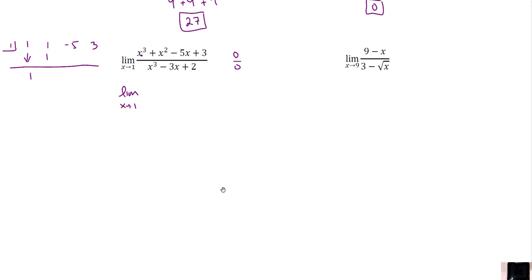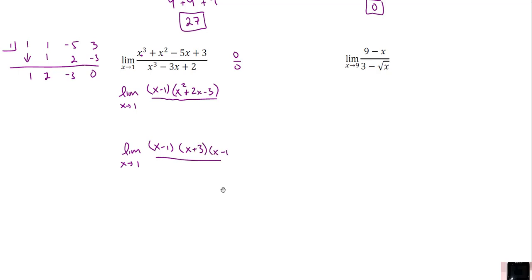So carry down 1, 1, that comes a 2, 1, negative 3, 0, and so the numerator is going to be x minus 1 times x squared plus 2x minus 3, which if I were to continue that factoring would actually be x minus 1, x plus 3, and x minus 1.